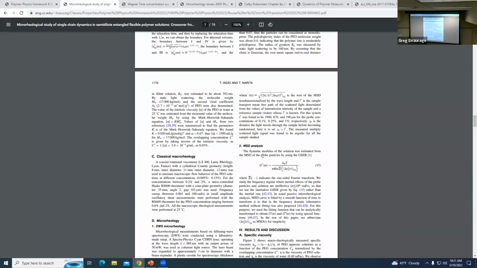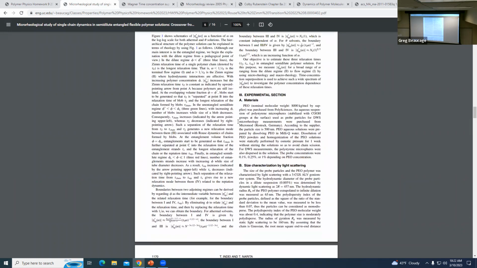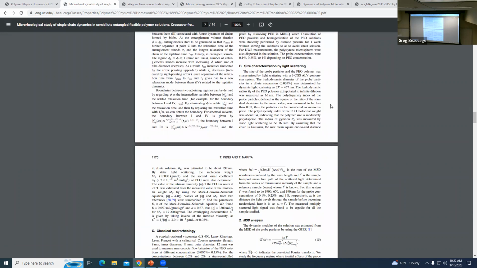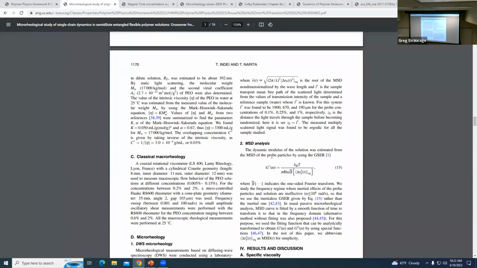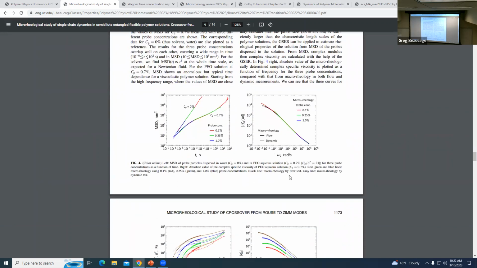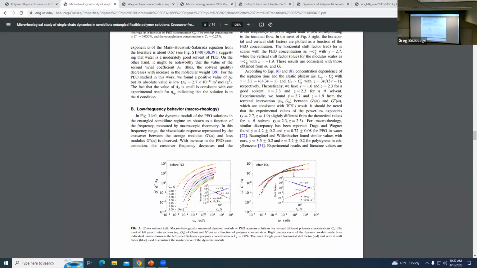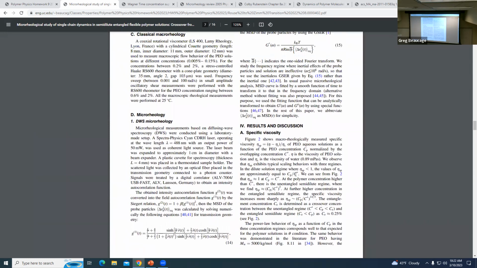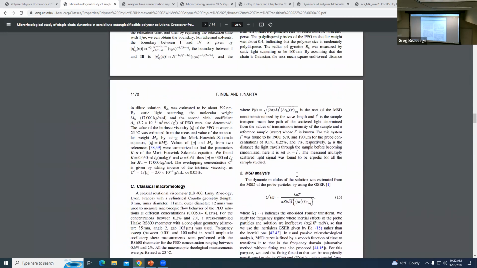So he's got this R squared, that's the mean square displacement of his particles. I'll make this a little bit bigger. Where does he do this? Oh, I guess he doesn't do it, maybe. I'm pretty sure he does it in here.